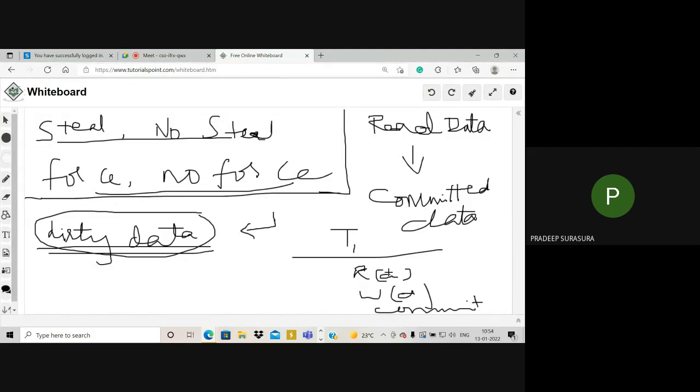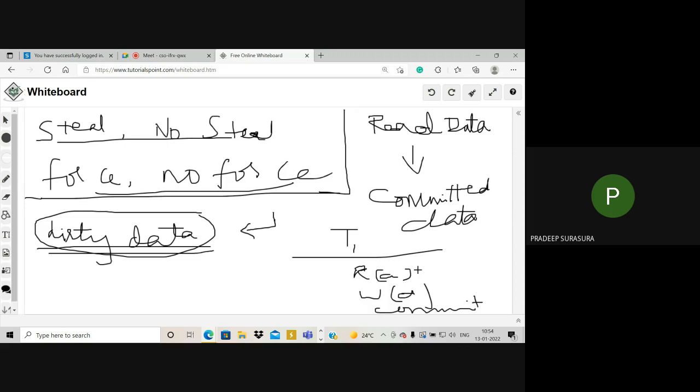Now no force means do not commit the data. Understood the meaning of these words. Steal means data has become dirty. No steal means data has not become dirty. Force means commit the data. No force means do not commit the data.